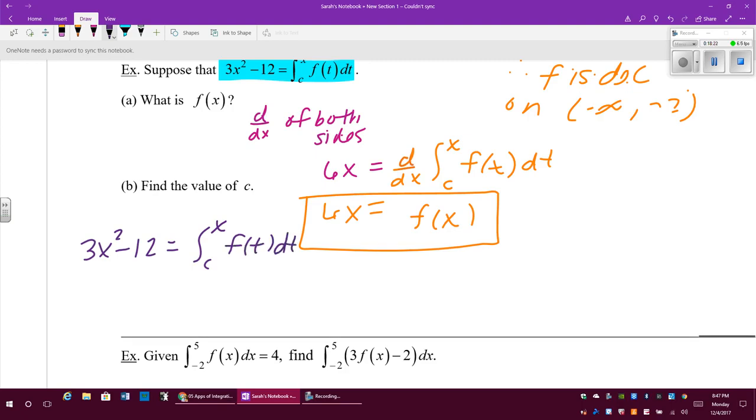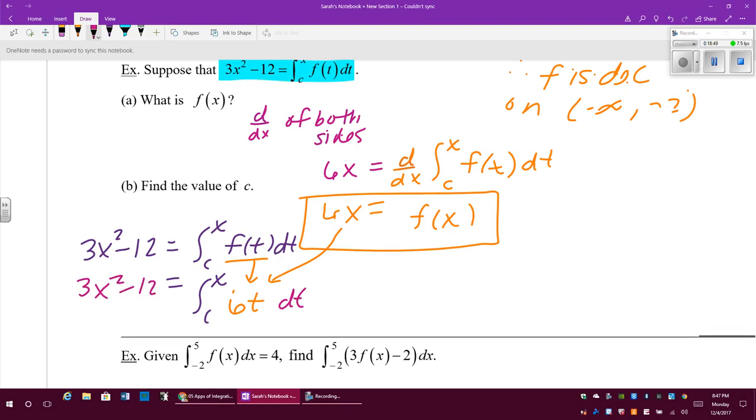Well, guys, now that you know what f of x is, instead of f of t, I'm going to say 6t right there. So basically, all I've done is I've taken this function and replaced the x with a t, because it says that it should be f of t. dt is equal to 3x squared minus 12.